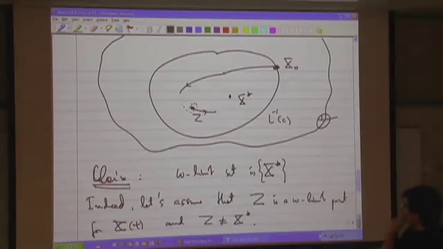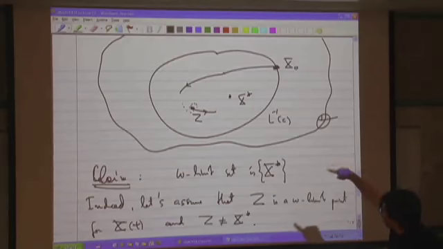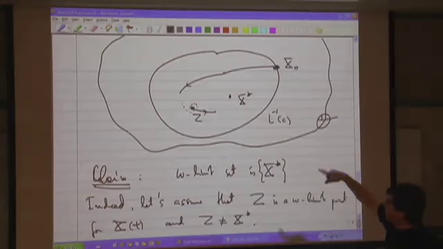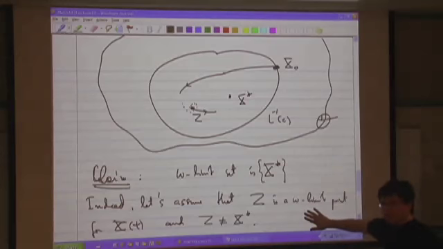That's what you're trying to show, but this is not saying it's stopping at z. It's saying that it visits z infinitely often. If you had a periodic orbit, which is prohibited by the strict inequality, then all of this argument would break.